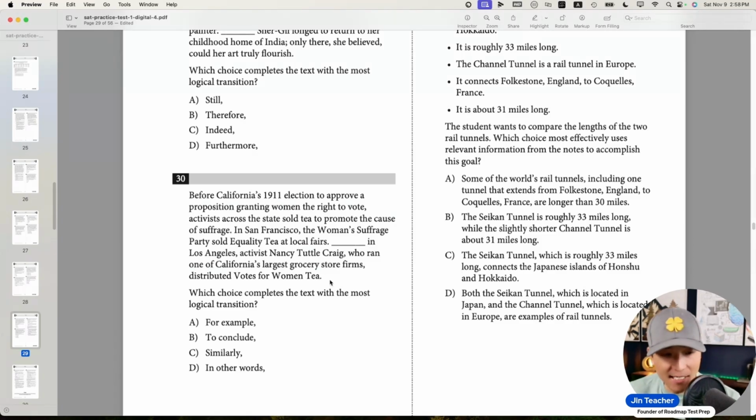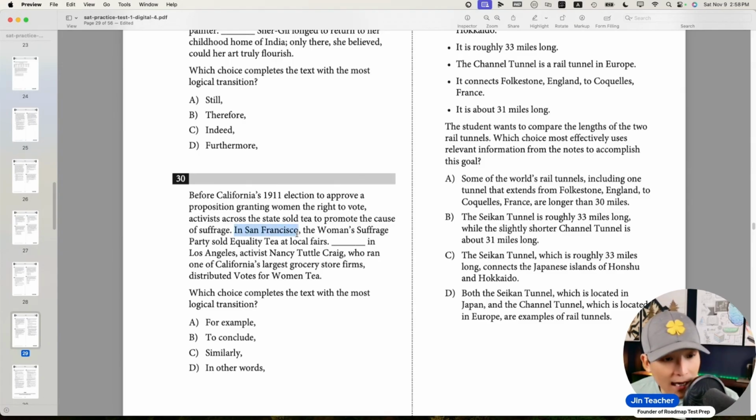So when I look at the previous sentence, in San Francisco, the Women's Suffrage Party sold equality tea at local fairs, this is giving me an example of how activists, from the previous sentence, sold tea to promote the cause of women's suffrage, of voting.